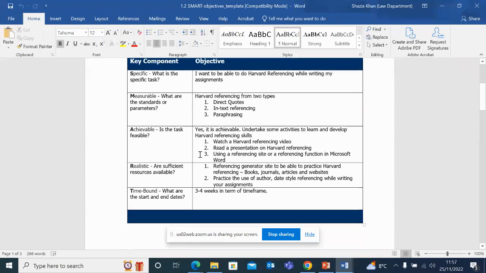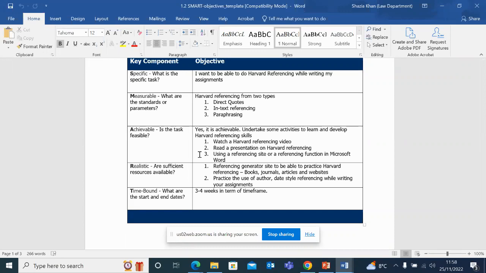Is the task feasible? That's A in SMART. Is it achievable? So you watch a video on Harvard referencing, you read a presentation on Harvard referencing, and you use a referencing site or referencing function in Microsoft Word.